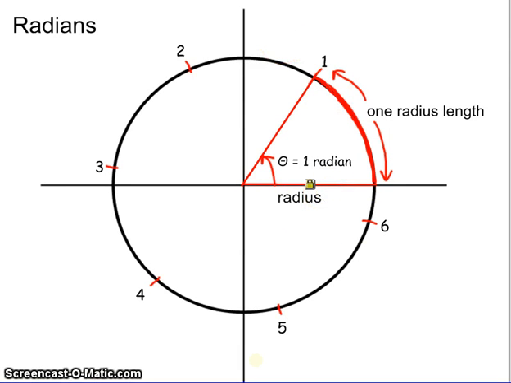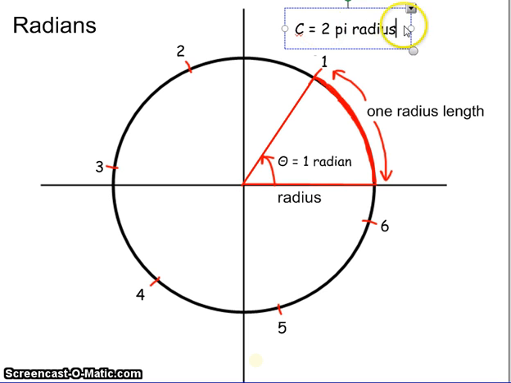Well, we know from geometry that circumference is equal to 2 pi times the radius. Now, if the radius is 1, then the circumference would be 2 pi.